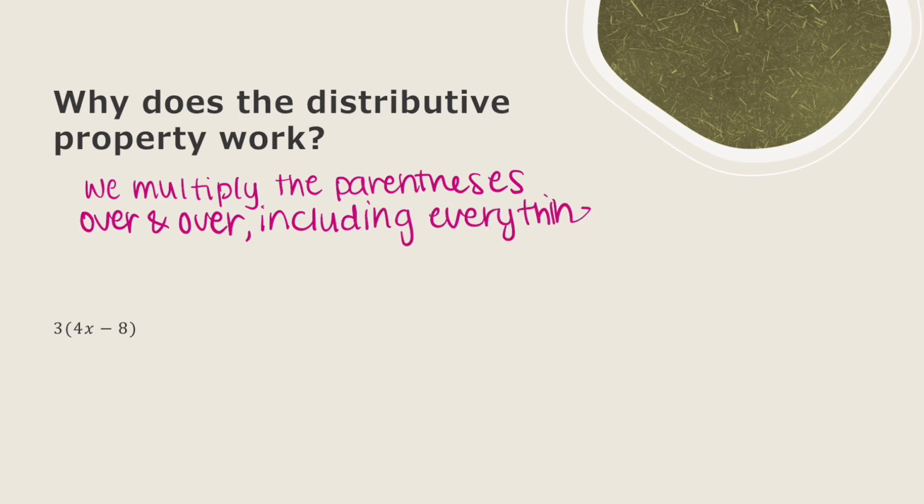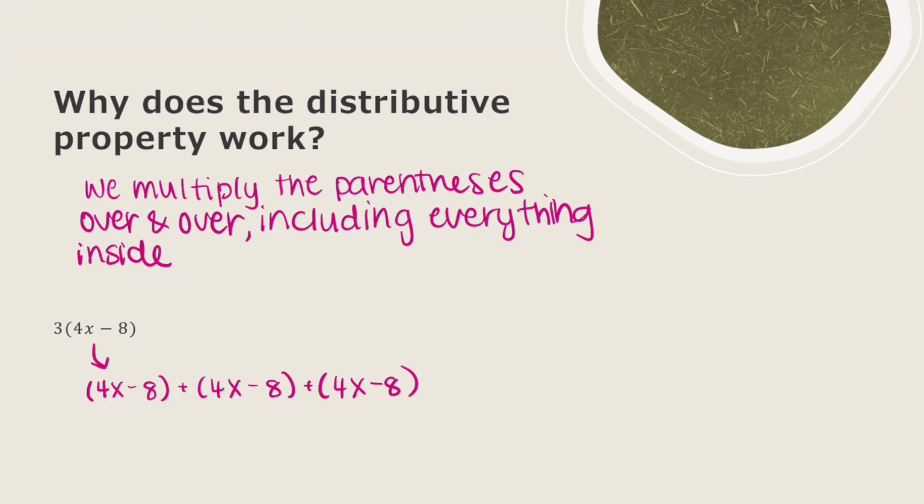We kind of saw this with the triangles and squares. But if I have 3 times (4x minus 8), this is really saying 4x minus 8 plus 4x minus 8 plus 4x minus 8. And then we do what we call combining like terms.